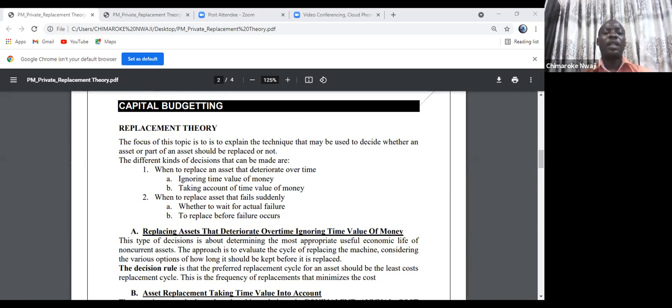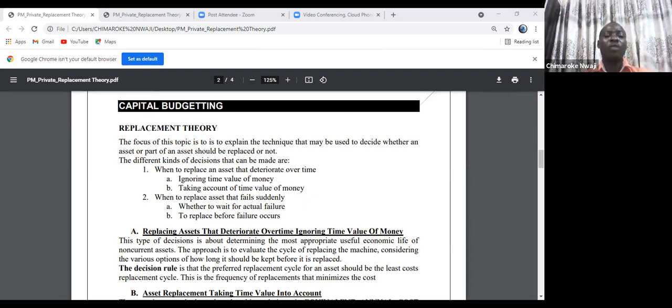The second one is when to replace an asset that fails suddenly. So it knocks off suddenly. When to replace the asset if an asset is having that tendency.